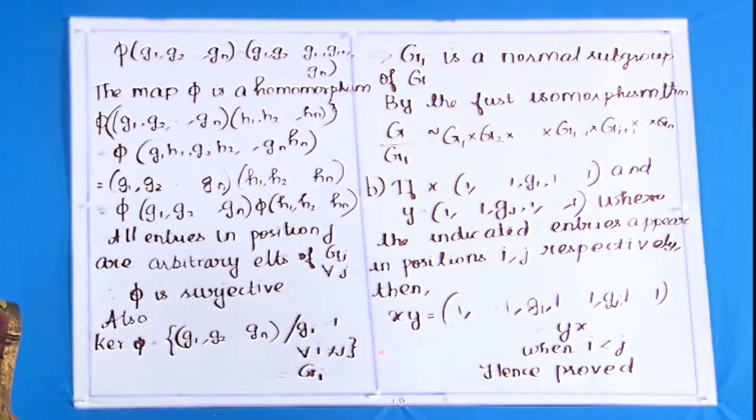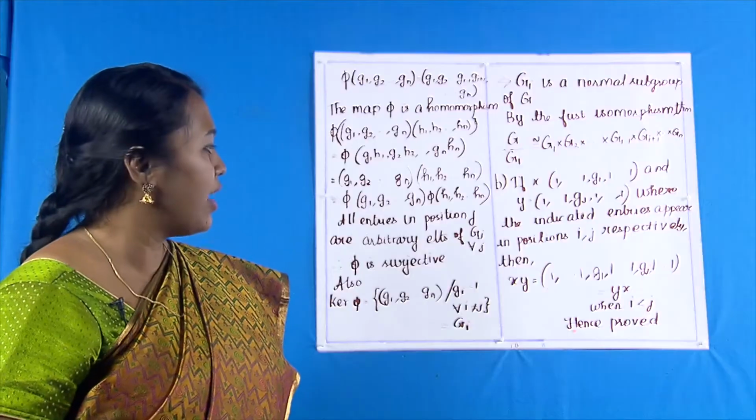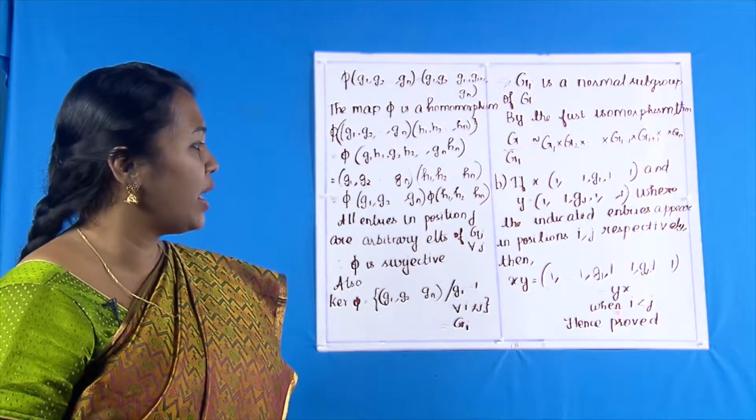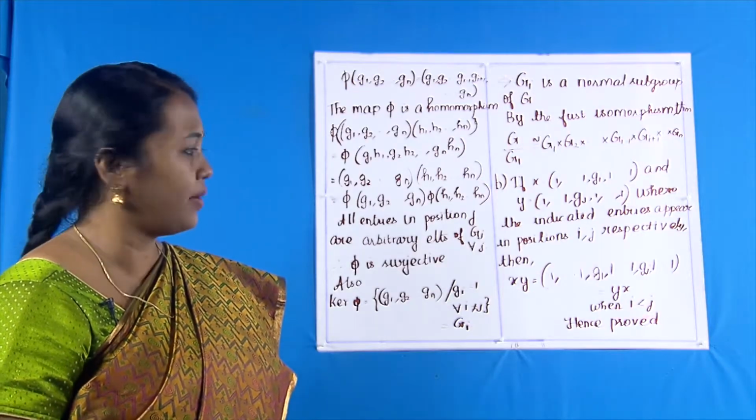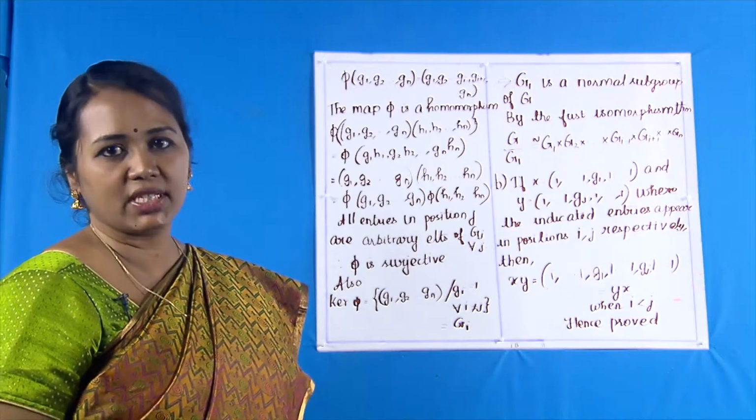Then xy is the product of these two elements, therefore it becomes 1, 1, 1 and so on, the ith position is replaced by gi and so on, and the jth position is replaced by gj, and elsewhere it is 1. So, clearly we can see that even if they are interchanged they are going to be the same. So, this is clearly yx. Therefore, xy is equal to yx when i is less than j. Hence, we have proved the second result also.